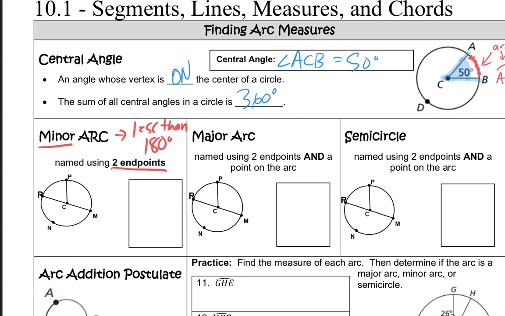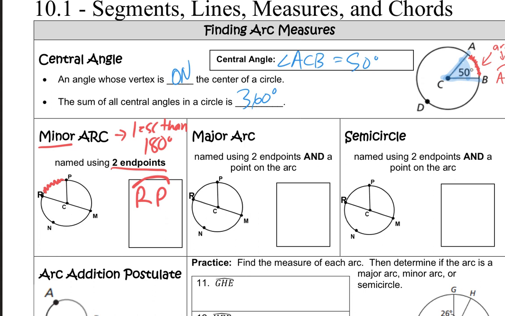Okay, so if we look over here, this is going right through the center. We say the whole thing is 360. So this one right over here, RP, would be one of our small ones. That would be RP, and we're going to use that right there for an arc symbol.